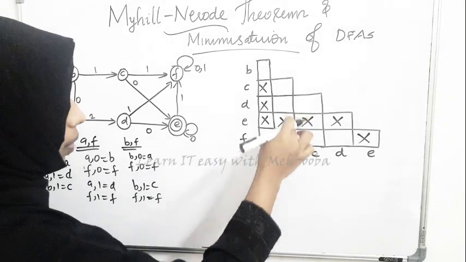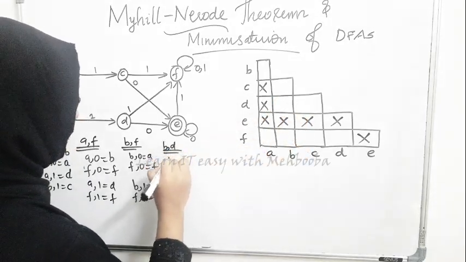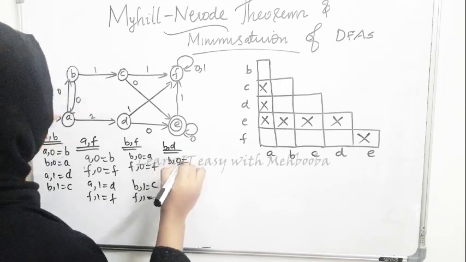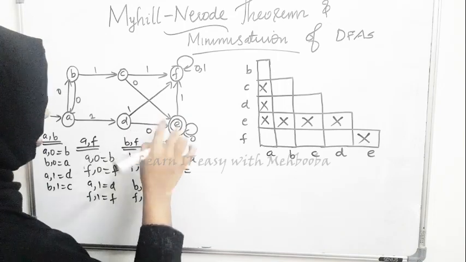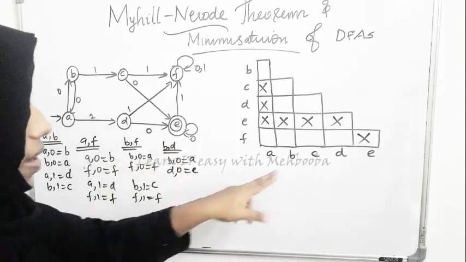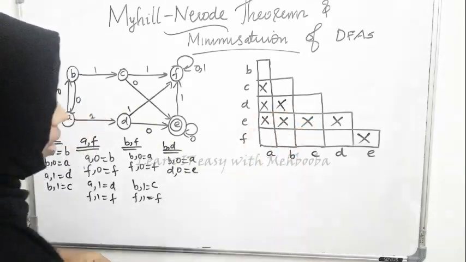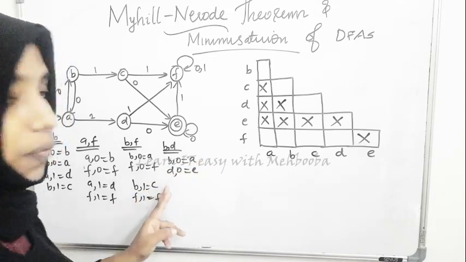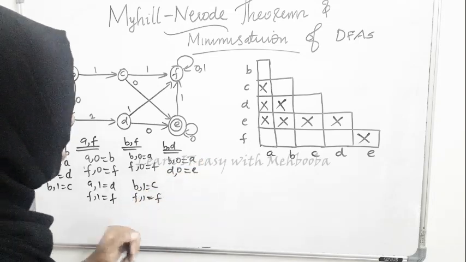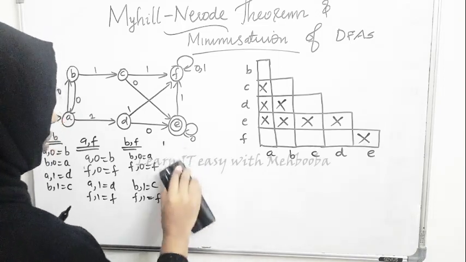Now the next unmarked cell is BD. B comma 0 is A, D comma 0 is E. AE has been marked, so you can mark BD. BD can be marked. They can never be equivalent because B on 0 goes to a non-final state, whereas D on 0 goes to a final state. So they can never be equivalent. So we marked it. So we don't have to keep it anymore.